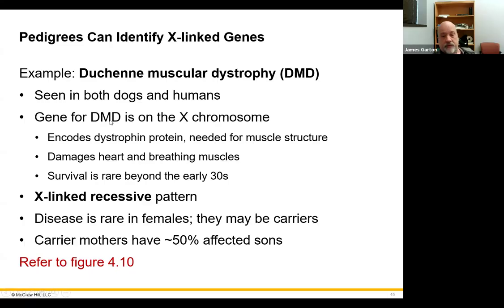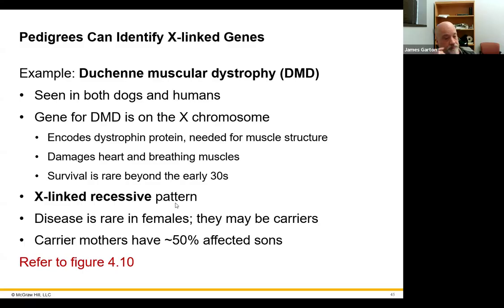And it turns out that this gene encodes the protein called dystrophin, which you need in proper muscle structure. And among other things, this mutation damages your heart and your breathing muscles. And eventually you will die somewhere in your 30s.